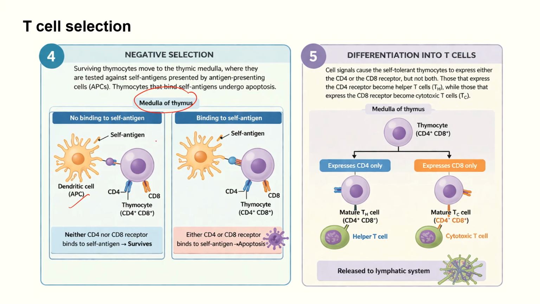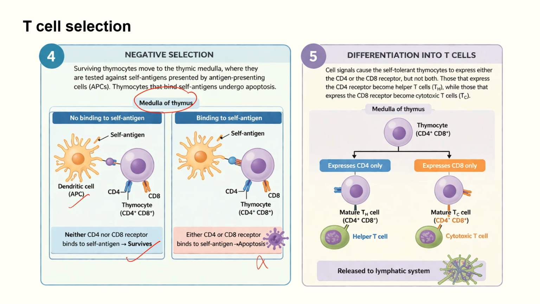So here we can see that these are not identifying the self-antigen carried by the dendritic cell, so these will survive, and the one which binds very specifically to the self-antigen will be destroyed, because ultimately this can lead to autoimmunity.